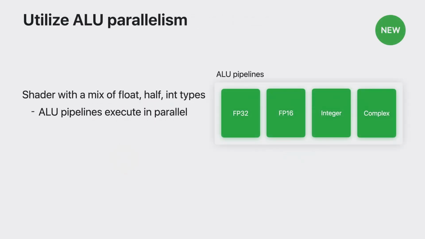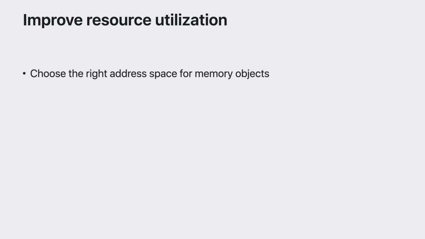In some shaders, it can result in better instruction mix by using half type, such as having a mix of float, half, and int type instructions. This can result in better utilization of ALU pipelines in Apple Family 9 GPU, and it can improve the instruction throughput. To summarize, improve resource utilization by choosing the right address space based on the memory usage pattern.